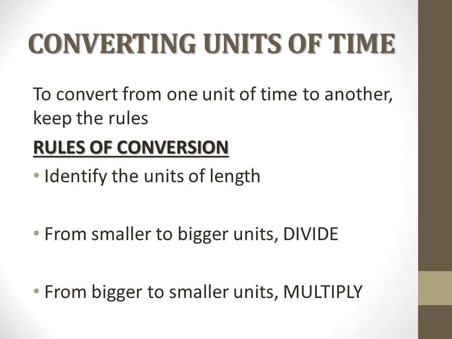Now let's convert it to seconds. Are we converting from bigger to smaller or smaller to bigger? Of course, you know that minutes is bigger than seconds. So we're converting from bigger units to smaller units. So what do we do? Multiply. And what do we multiply? 2 minutes by the 60 seconds that make 1 minute. And if we multiply that, we have 120 seconds. Bravo! You did it before me. Yeah, correct. All right, let's see what we have next.